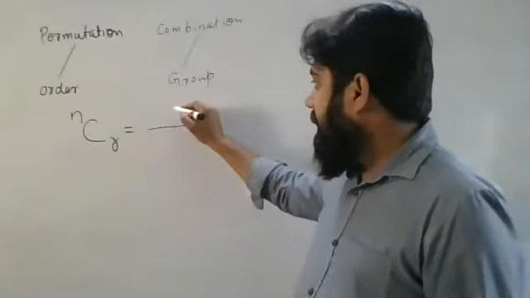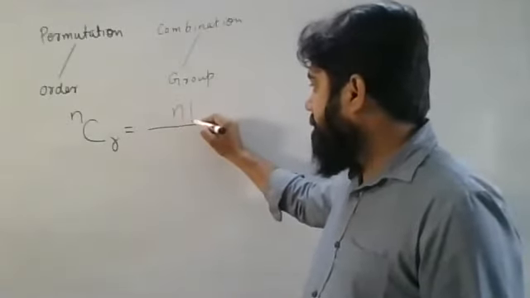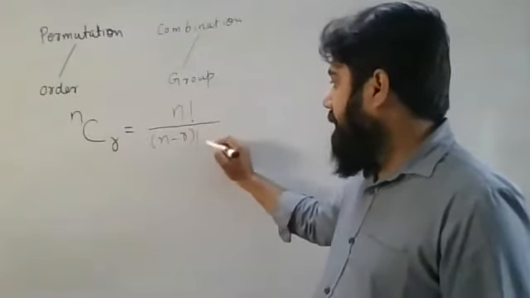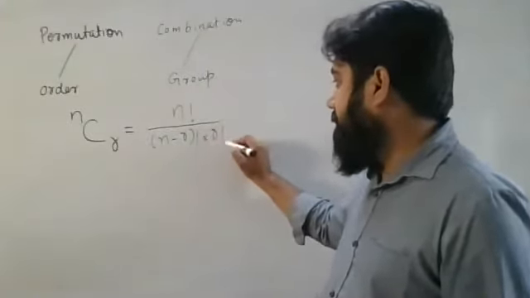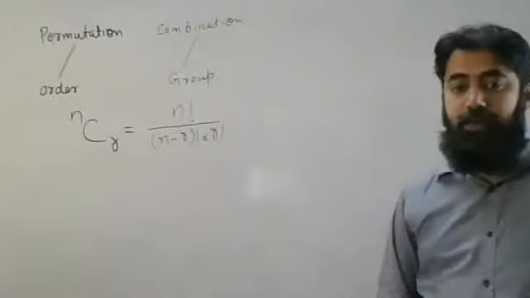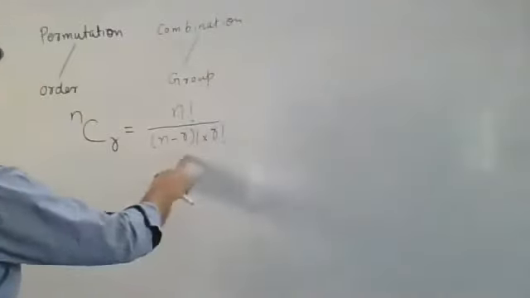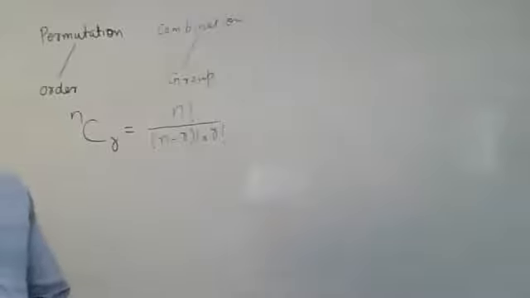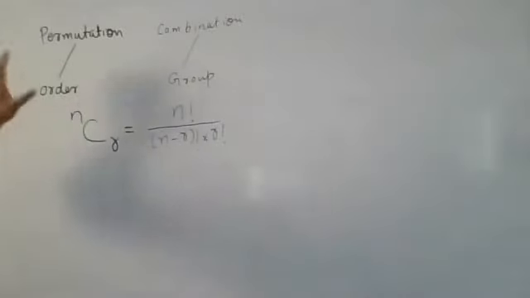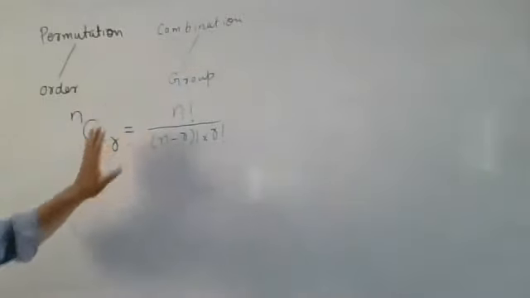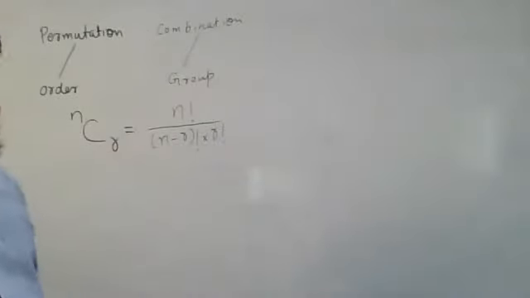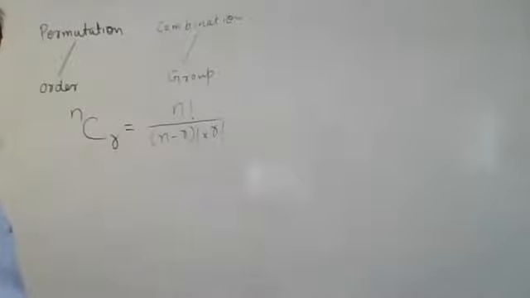This is n factorial over n minus r factorial into r factorial. That is the formula which we have: nCr equals n factorial upon n minus r factorial into r factorial. Whenever we are doing combination, we are going to use this formula, and according to this formula we are going to complete our work.